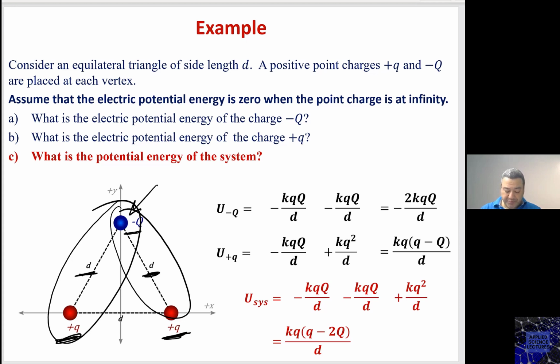That's why for U minus Q, it will be 2 times minus KQ small q divided by D. So this resulted in 2 times this value. For the U of positive Q, either this one or that one, it is the same.